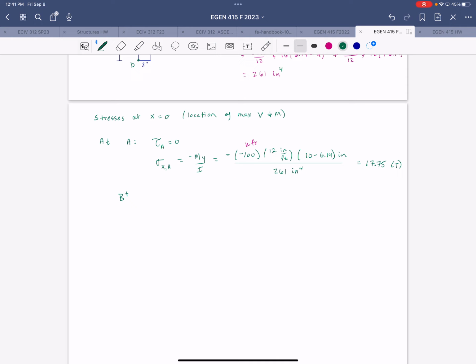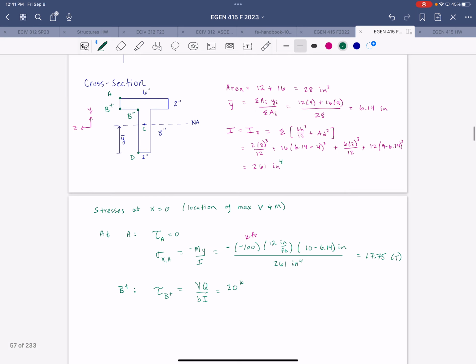So then at B plus, which is the bottom of the flange, we can no longer say our shear stress is 0, so we have to calculate it. VQ over Ib. So that's going to be 20 kips, our shear at x equals 0, and then Q is going to be the area above B plus, so that's just going to be 2 times 6.